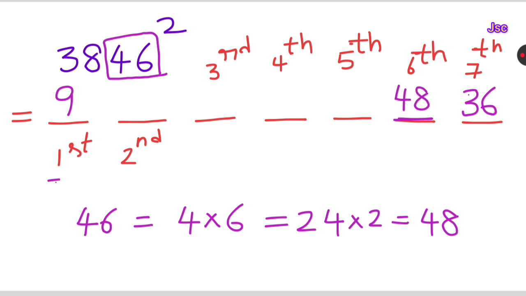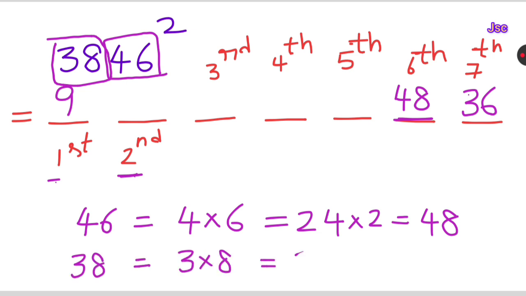Now we are doing the 2nd position. For the 2nd position you have to take the first 2 digits, which is 38. Do the same thing. 3 times 8 gives 24. Then double that 24, which is 48. Just write the 48 here.